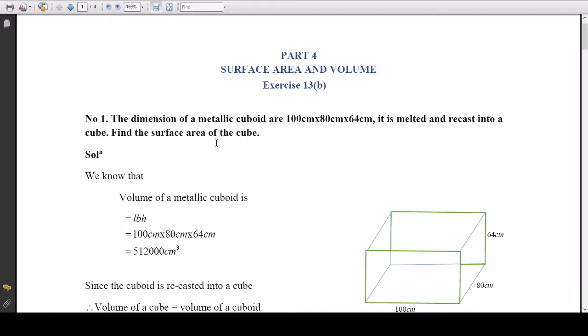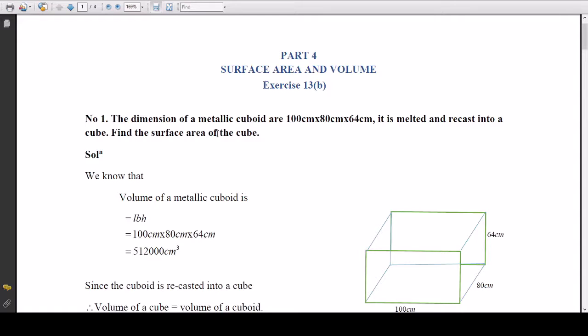Okay, now what will be the surface area of a cube? How many faces does a cube have? A cube has 6 faces, isn't it? Surface area will be 6 multiply a. If a is the length of the side, then the surface area will be 6a.